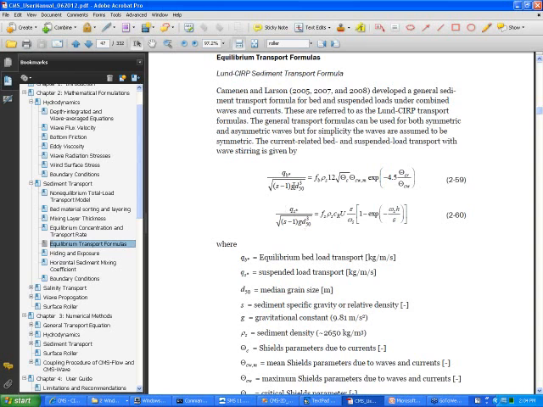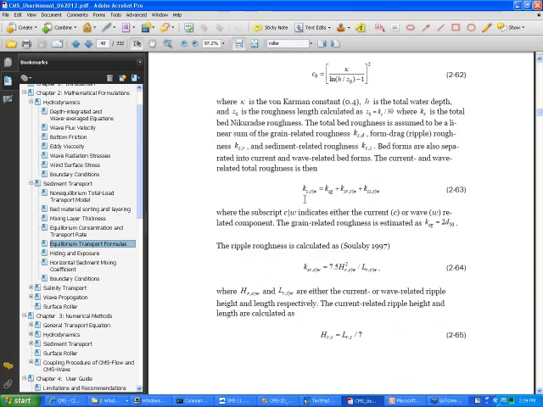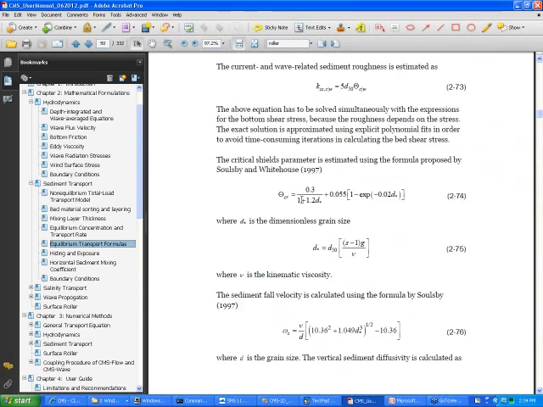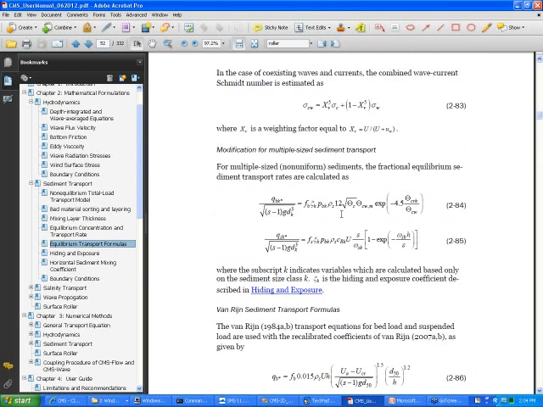That's why you see D50 here and not D sub K. Now we have taken them and applied them to multiple grain sizes. I'm not going to go over all the details of the user manual. I'm just going to talk a little bit about how we've modified them for multiple-size sediment transport.